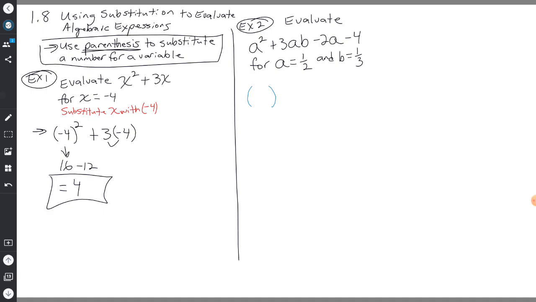So I would take 1/2 and substitute it in the place of a. So every place where a is, we substitute it with 1/2, and b is 1/3.